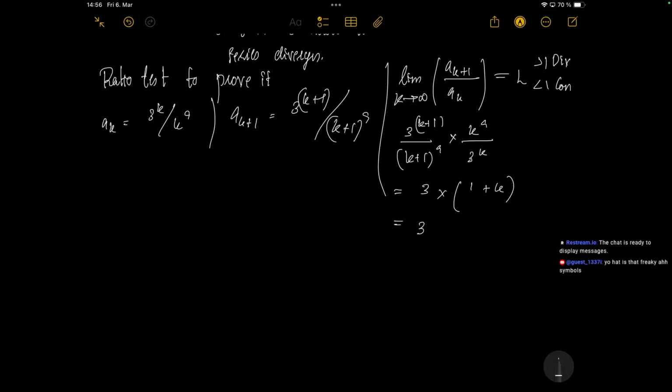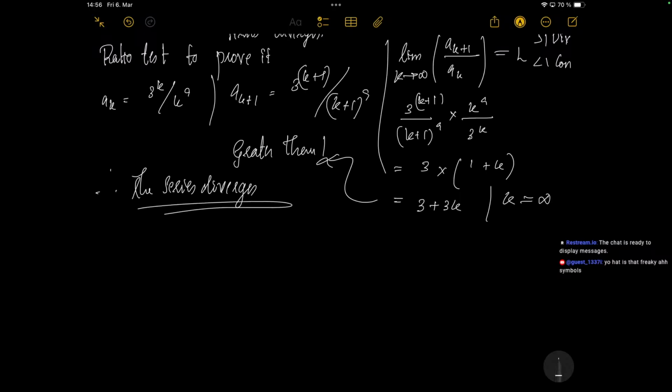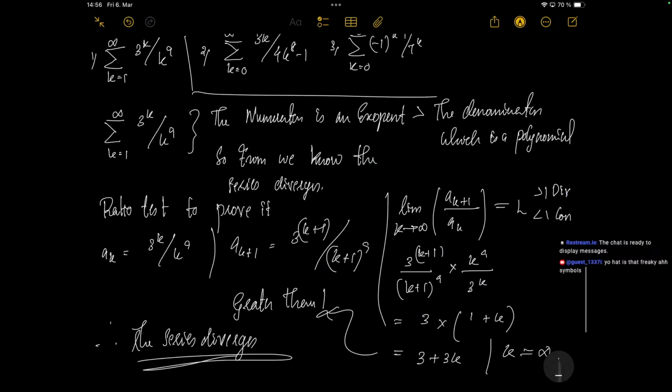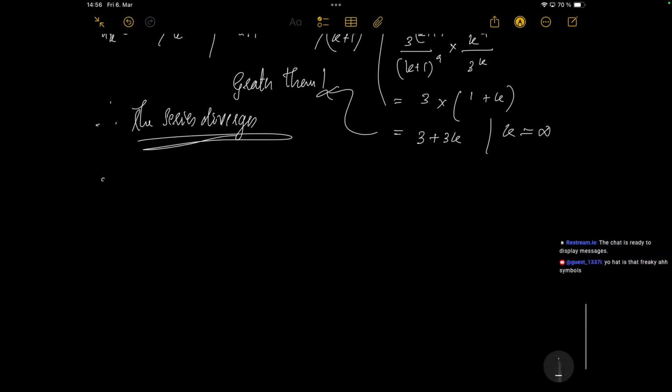So it's like 3 plus 3k. K tends to infinity. So this thing is greater than 1. Therefore, the series diverges. Point proven. I believe that's the answer. Let me see if I'm right. Now the second one.